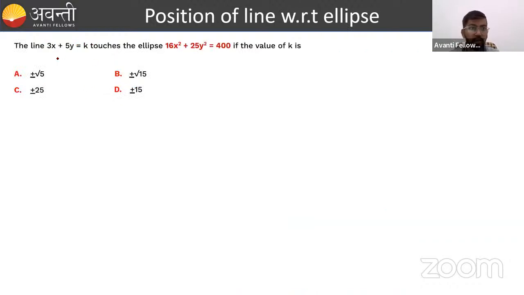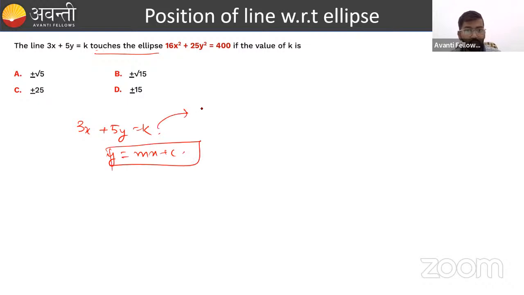All right, now let's see the question: the line 3x plus 5y equals k touches the ellipse if the value of k is. First of all, this line is given as 3x plus 5y equals k. Let's reduce it to the form y equals mx plus c.